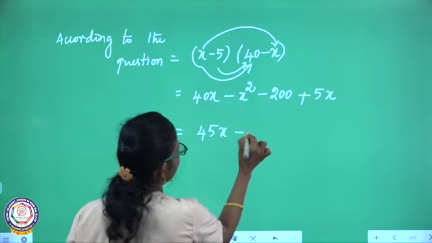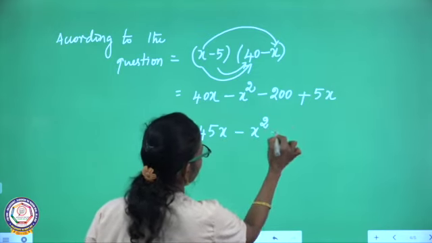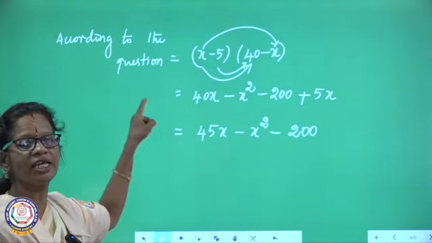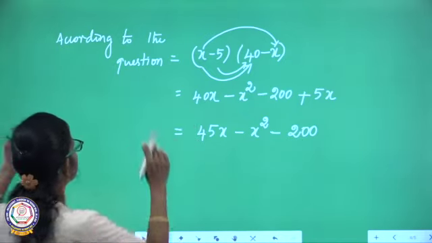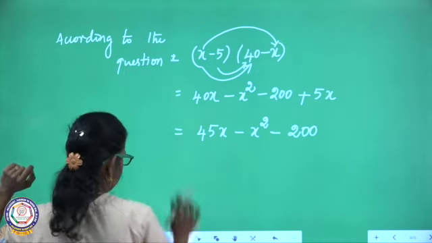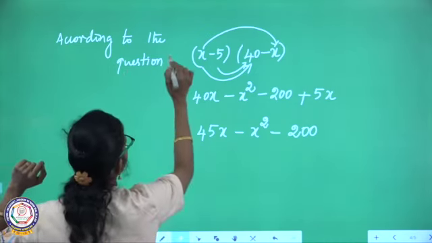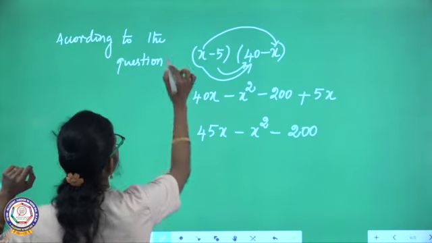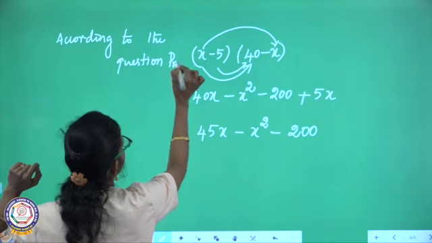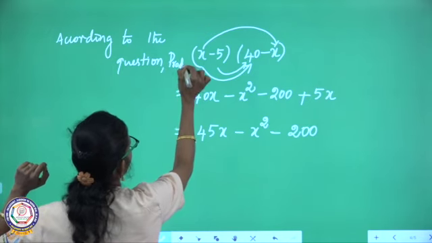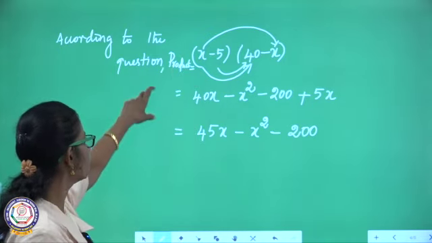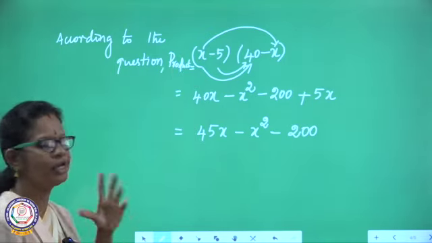45x minus x square minus 200. But what product is given? According to the question, you write product equal to... What is the product given in the question? 124.